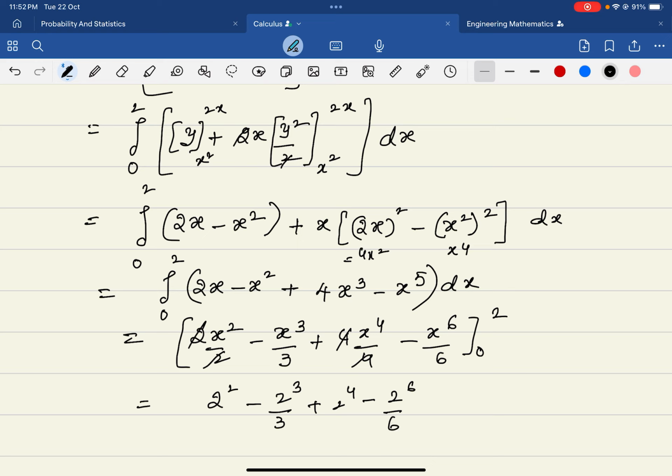And the lower limit is 0. So when you solve this, 2 square is 4 and 2 cube is 8 by 3. 2 power 4 is 16 and then this is 64 over 6. So when you solve this, you will get this value as 6.66. This is the solution.